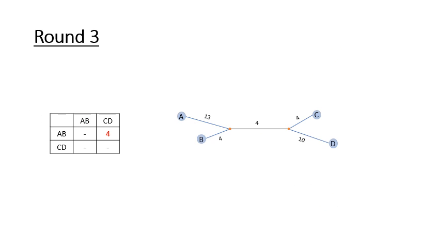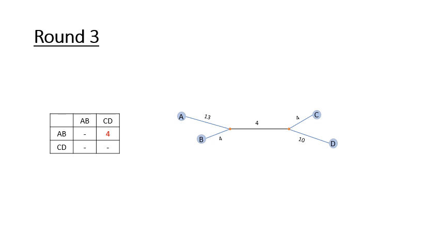So in round 3 again you'll have to update the distance matrix. Previously C and D were put together in the distance matrix. Now A and B have also been kept together in the distance matrix, and you don't have to calculate R of I values here. You'll just have to compute the values for A, B to C, D, which turn out to be 4.